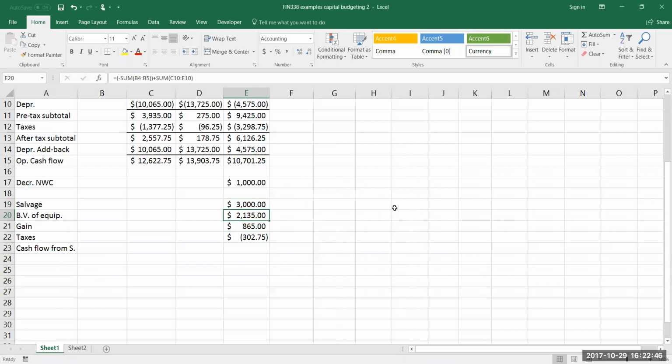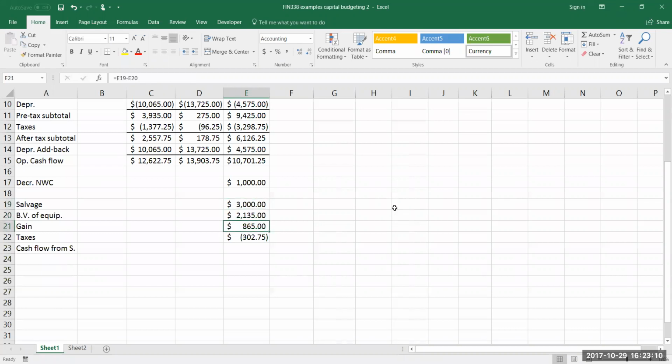Book value. Book value is not cash. Book value is merely the value on the books of this piece of equipment. So this is a journal entry, so not cash, or more accurately, a balance sheet item. The gain is the amount of money I made when I sold the equipment. I sold the equipment for $3,000.